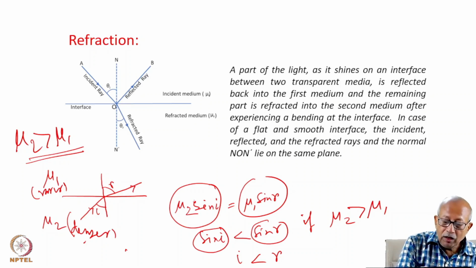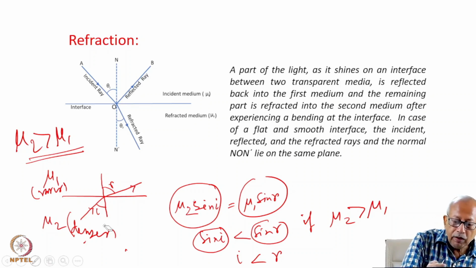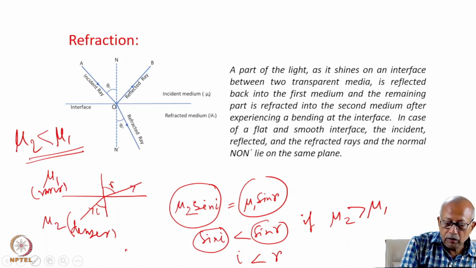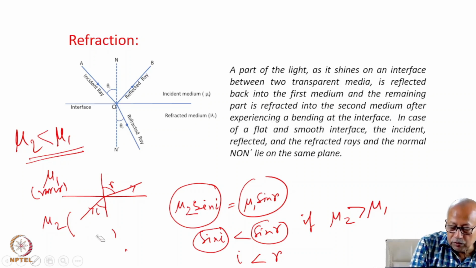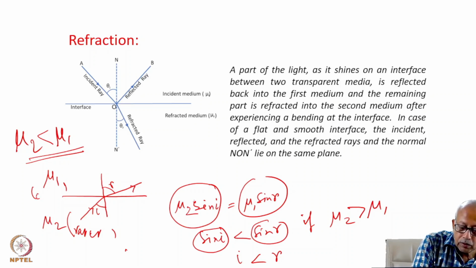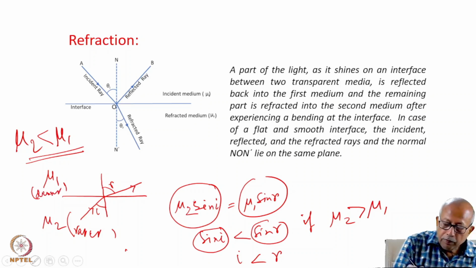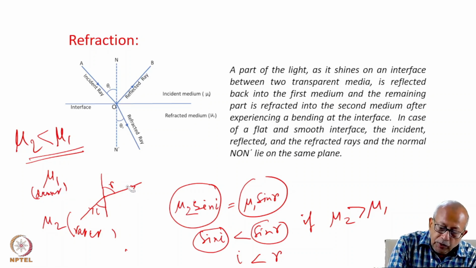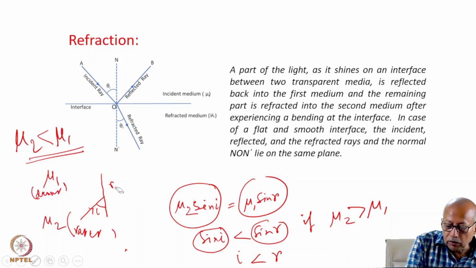If it had been the other way, if mu2 had been less than mu1, that means this was rarer, this was denser, then light would be bending towards the normal.